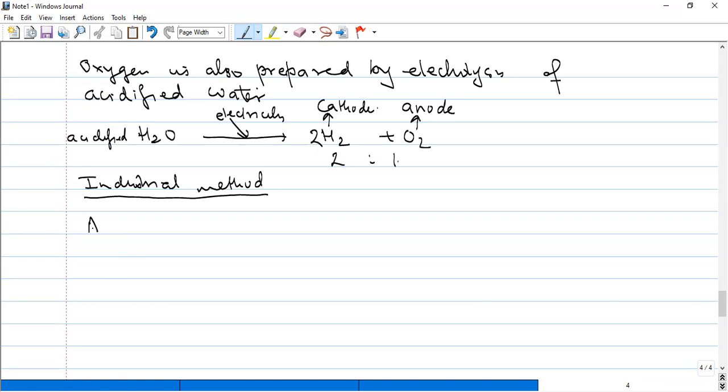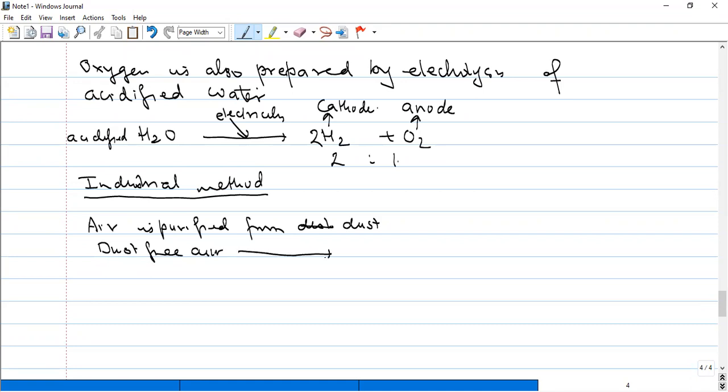So first, air is purified from dust, and from that dust-free air, we remove carbon dioxide and water vapor.